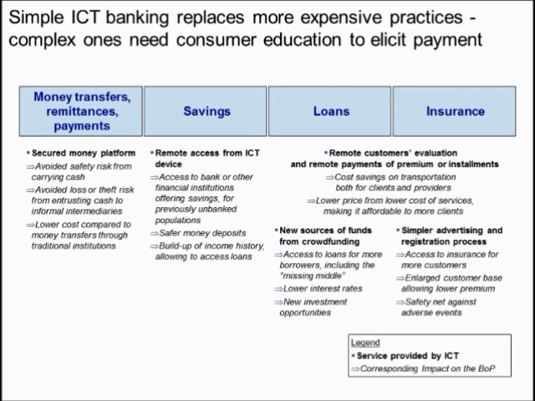Another advantage of the secured money platforms is that there are lower costs for the user because they don't have to go to, let's say, a traditional institution, which might be at a quite long distance, requiring travel costs and also loss of working time.